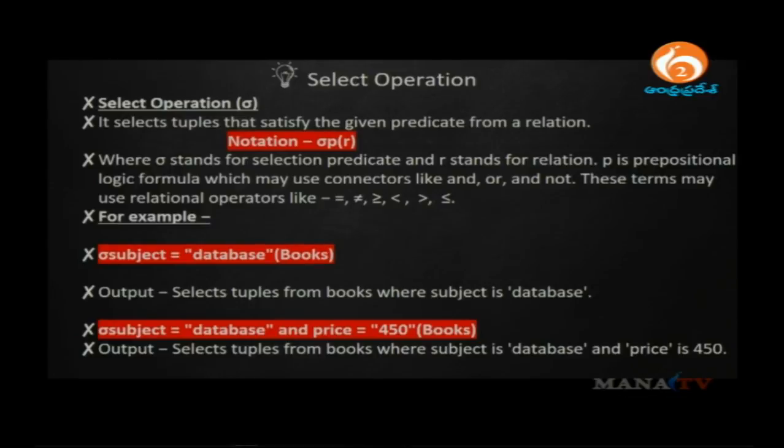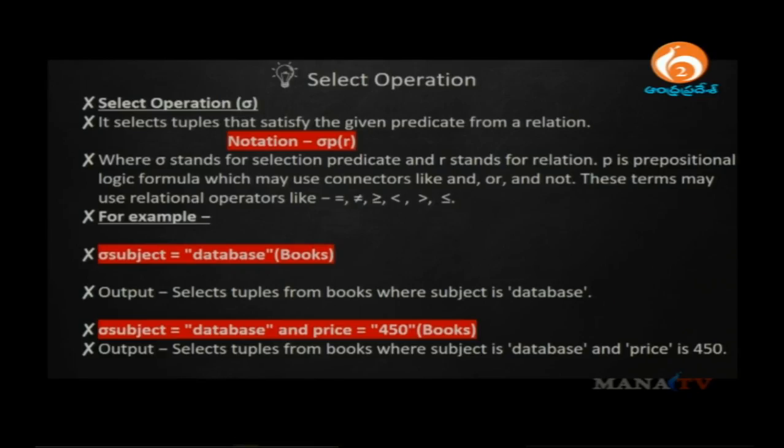I have subjects like programming languages, databases, English, communication skills, information technology, different subjects, and I am selecting only the subject of databases. If this database subject is present, it shows me the records or tuples. If not, it does not show you anything, simple as that.